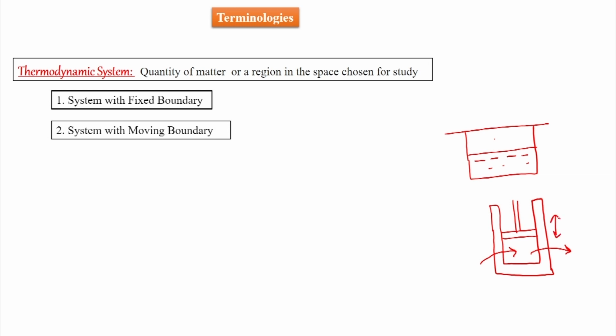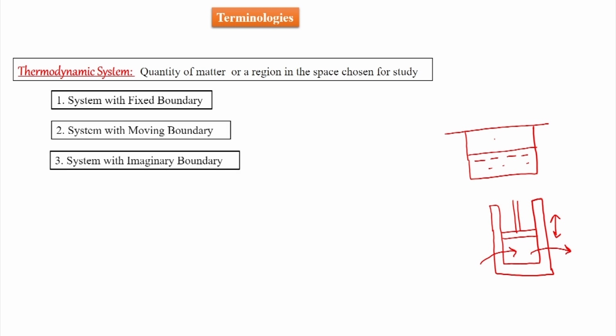In such a case, the boundary of the system is moving. So, this is also a system where we are focused on a certain mass inside the piston and cylinder arrangement, where one of the boundaries is moving. This is the example of a system with moving boundary.